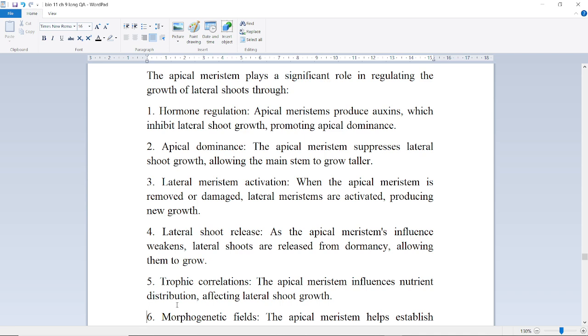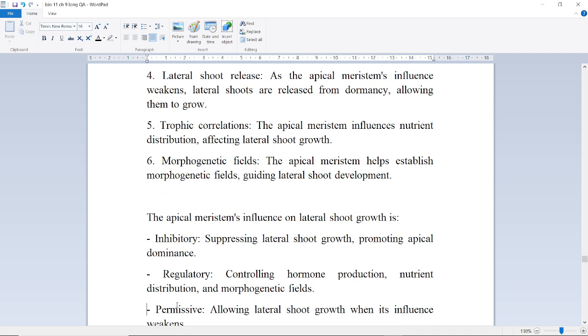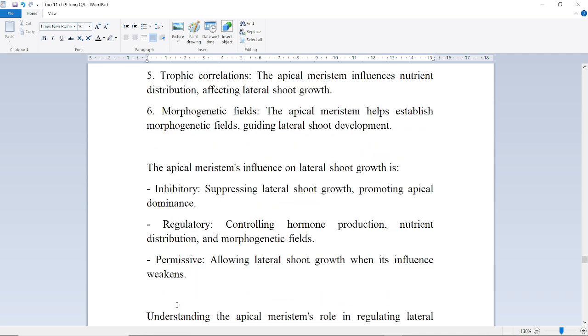Trophic correlations. The apical meristem influences nutrient distribution, affecting lateral shoot growth. Morphogenetic fields. The apical meristem helps establish morphogenetic fields, guiding lateral shoot development.